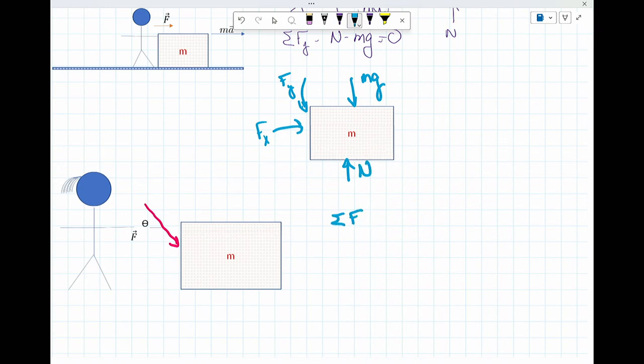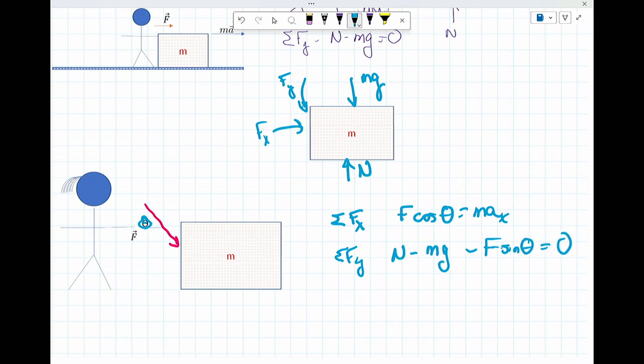So sum of forces in the x direction will be F cos theta, because this is theta there, is equal to mass times acceleration x. Sum of forces in y will be n minus mg minus F sine theta, which is equal to 0.